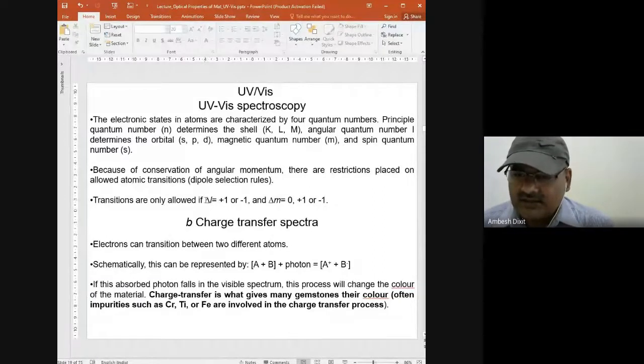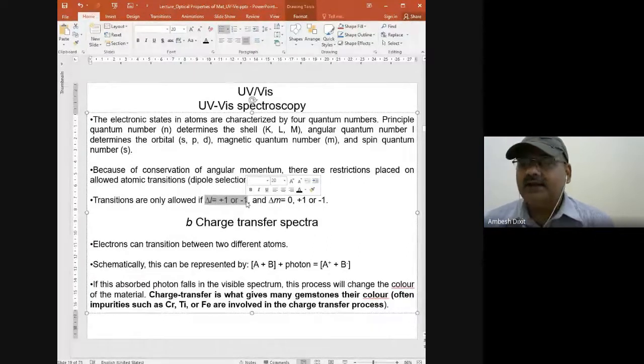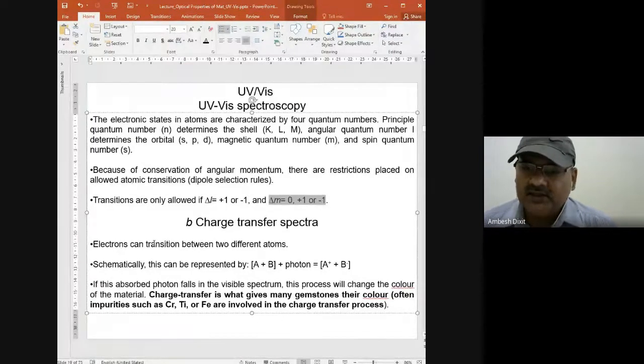In that case, the selection rules should be satisfied: delta L, the angular momentum change, should be either +1 or -1. The change in the magnetic quantum number, delta m, should be 0, +1, or -1. If these are satisfied, then these internal atomic transitions are also allowed. These rules come from the conservation of angular momentum, so these are restricted to delta L equal to +1 and -1.